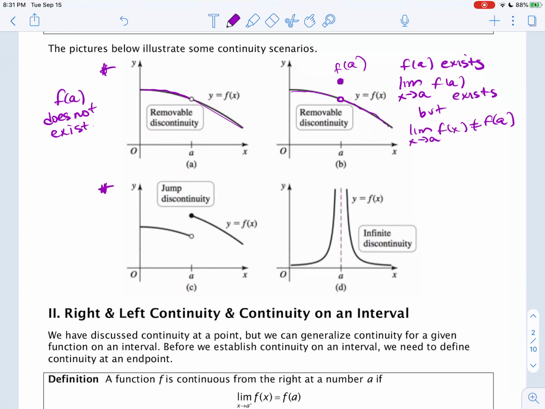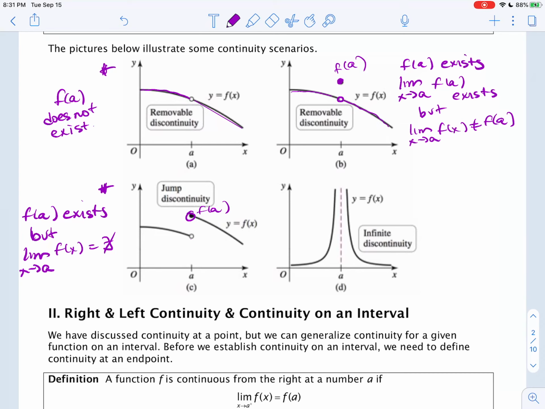Here in the third one down here, we have that f of a exists, because this is our f of a. So f of a exists, but the limit as x approaches a, which is a 2-sided limit of f of x, does not exist, because the limit from the left is where the open circle is and does not equal the limit from the right where the function output is.